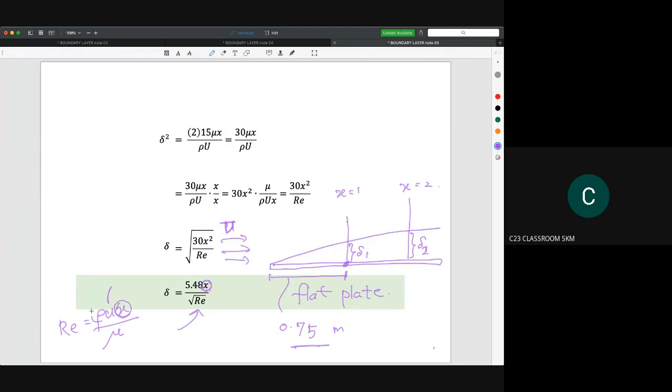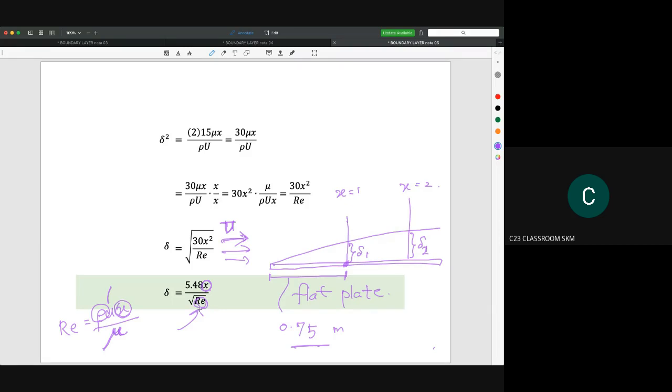You need to substitute the density of the fluid. If the fluid is air, you substitute the density of air. If the fluid is water, you substitute the density of water. And then this is the dynamic viscosity, so you substitute the dynamic viscosity of the fluid. Then you get this Reynolds number, you substitute it here, and you could calculate the value of delta.